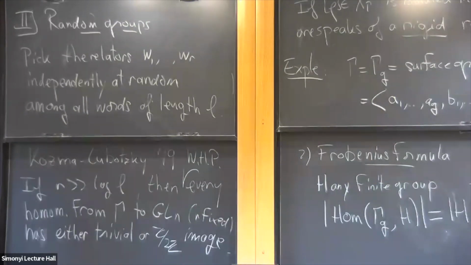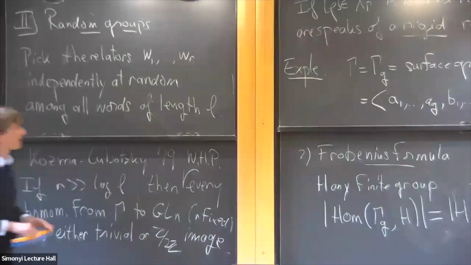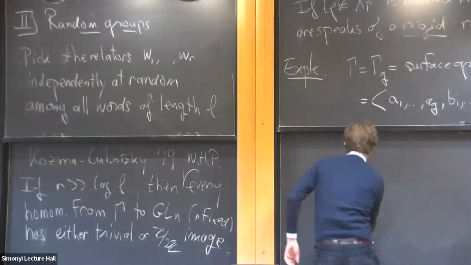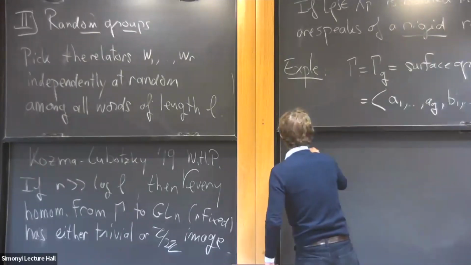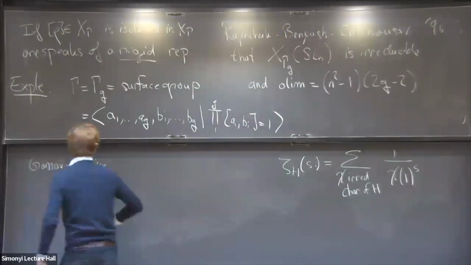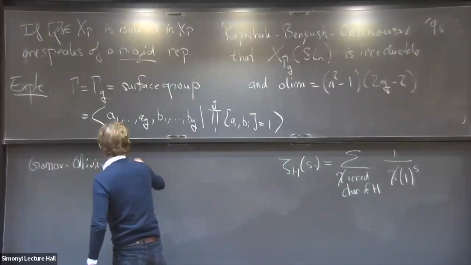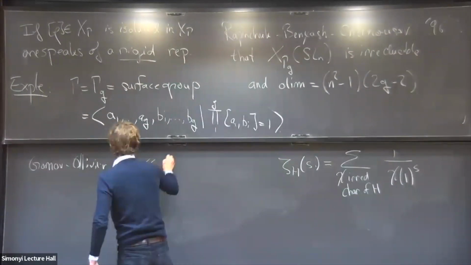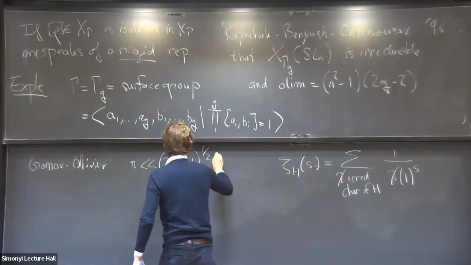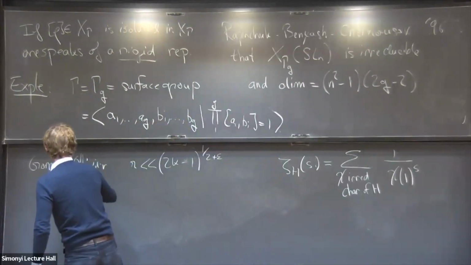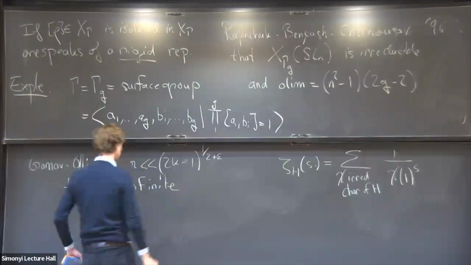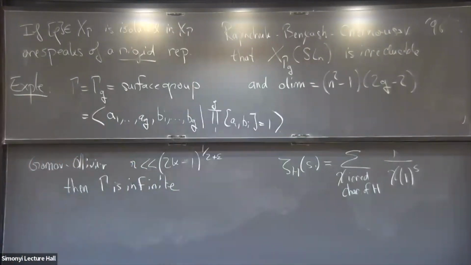And this is despite the fact that you have a theorem of Gromov and Ollivier that says that if r is not too big, less than something like this, then Gamma is infinite, and in fact Gromov hyperbolic.